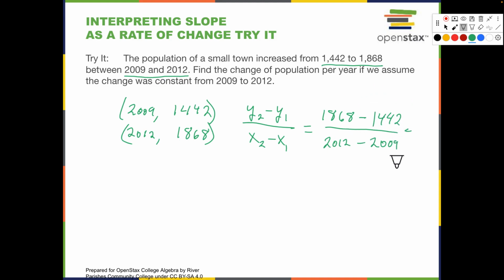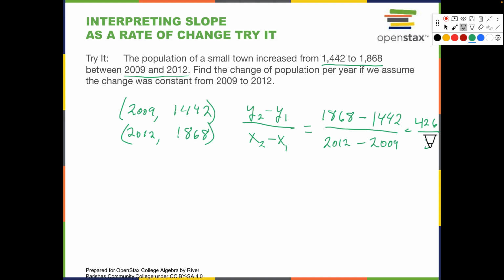So we would subtract these, and what do we get? 1868 minus 1442, 426. And 12 from 9, or 9 from 12 is 3. Did I get that right?